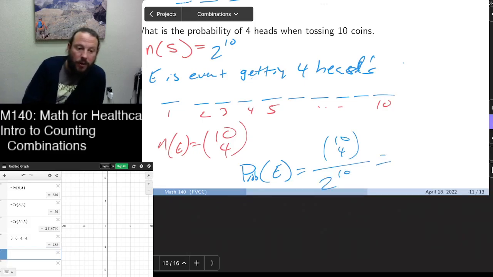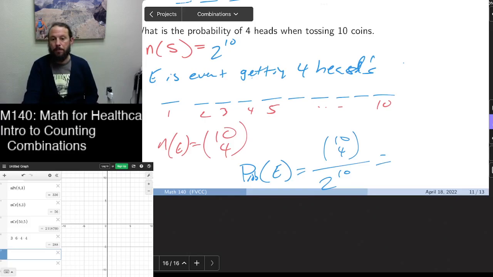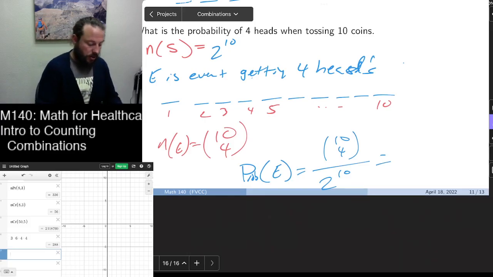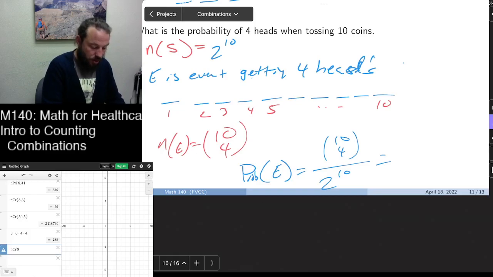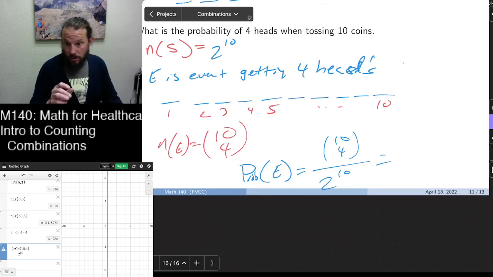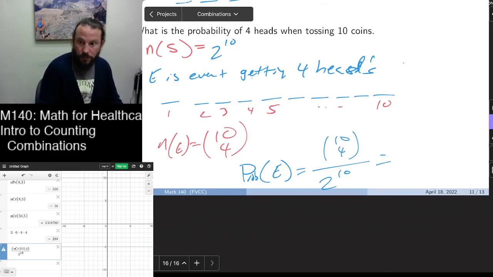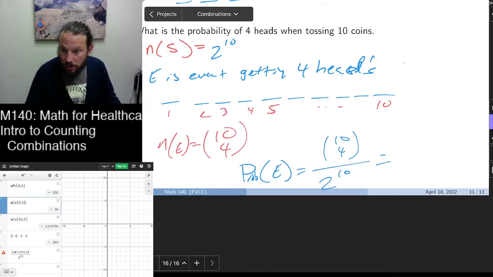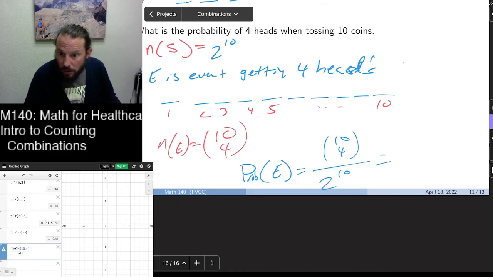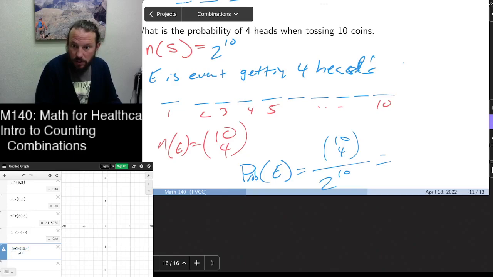Okay, and we can look at what this equals over here. That's going to be nCr: 10 choose 4 divided by 2 to the 10th. Oh, I misplaced the parentheses there.